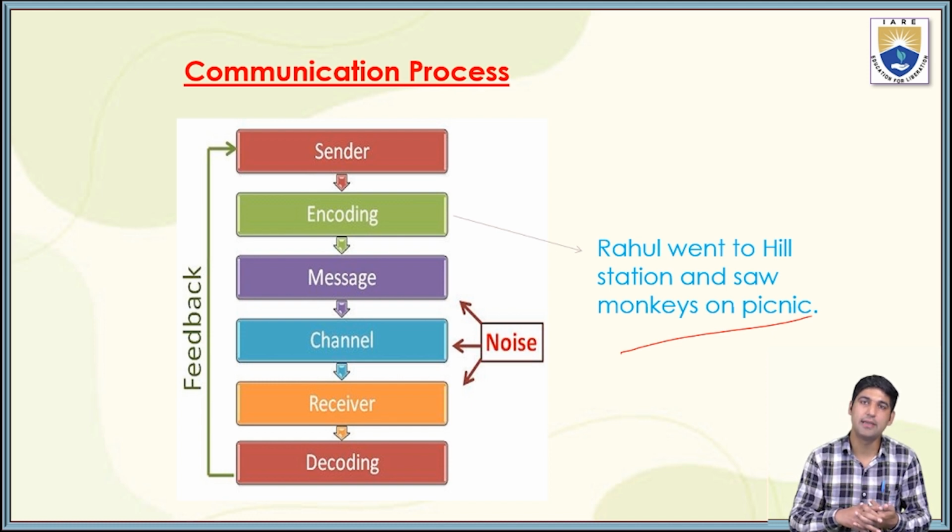Should I use simple sentences, or is my receiver capable of understanding if I write compound sentences, complex sentences, if I add some phrases and idioms in my speech, in my letter? So all this you come to know, if you are a speaker or a sender, by the feedback. So feedback is the last component in the process of communication.